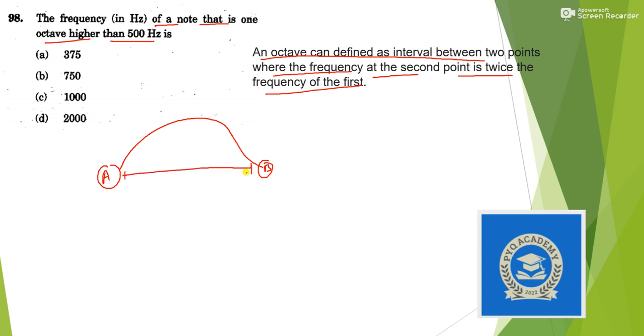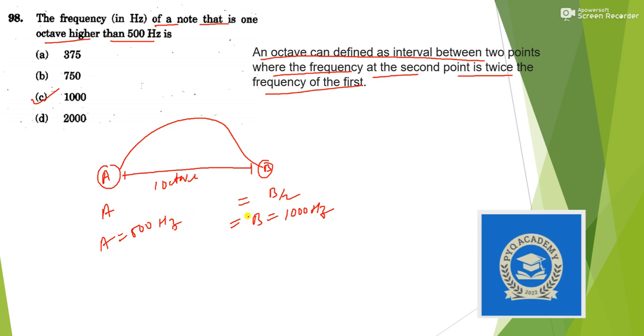If it has a difference of 1 octave, then the frequency at A will be half of B. That means if A equals 500 Hz, then definitely B will be double, that means 1000 Hz. So our answer is option C, 1000 Hz.